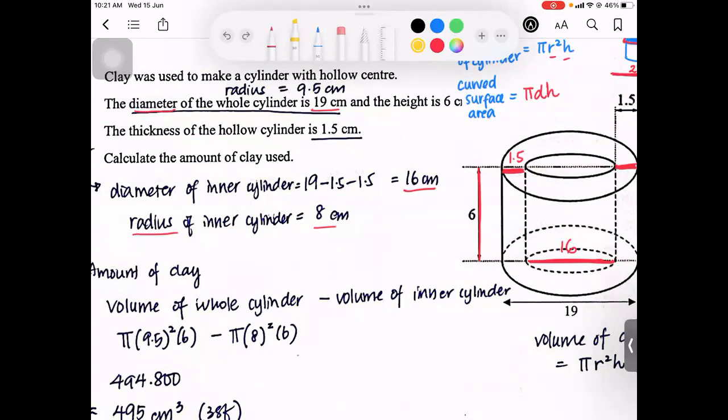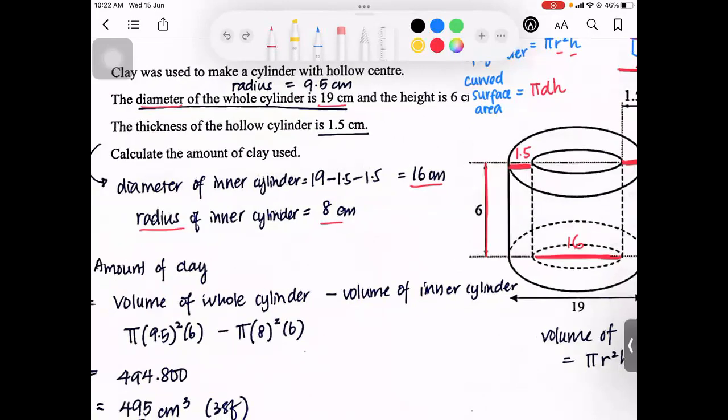But when you cut out something, the total surface area may increase or decrease. So for total surface area, don't just minus everything, because some portion the surface increases, some portion the surface decreases. For surface area of solid, when you cut out certain things, it is not always subtraction. Only if they say cut out volume, then most likely the volume will decrease, then it's subtraction.